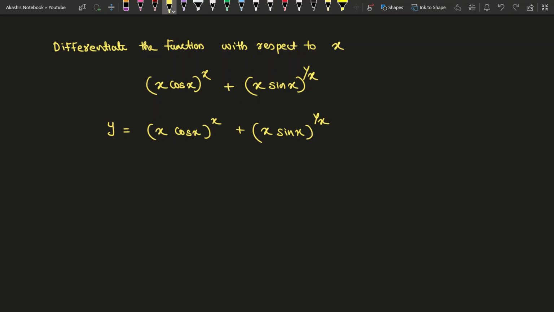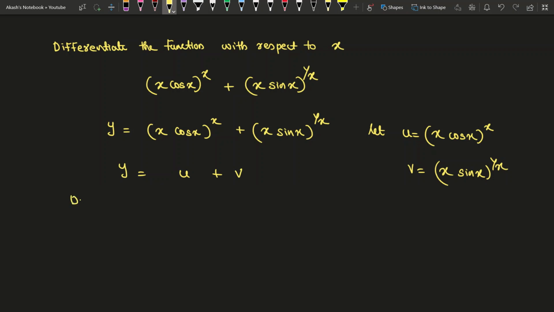So we can consider this function as two different functions. Let u equal (x cos x) whole raised to x, and let v equal (x sin x) whole raised to 1 by x. So we can write y equal to u plus v.